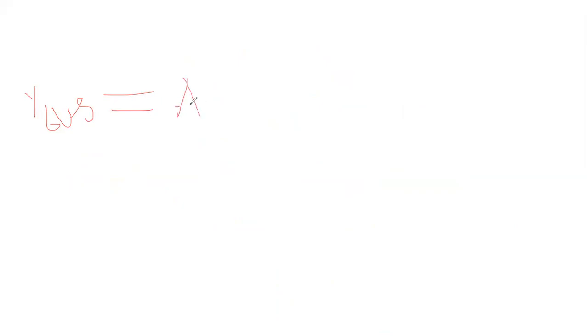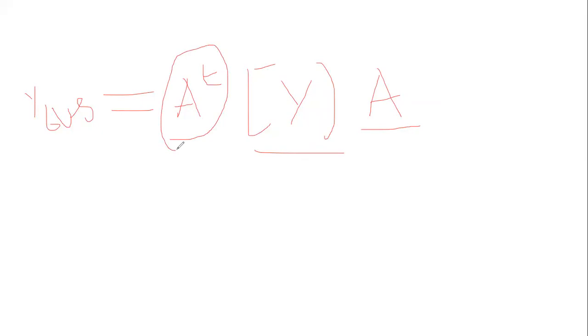Y bus is equal to A transpose into Y into A. Y is already determined from the given data and A is also found, and by using this A matrix we determine the A transpose matrix. Clear now? This is the procedure for forming the Y bus matrix.